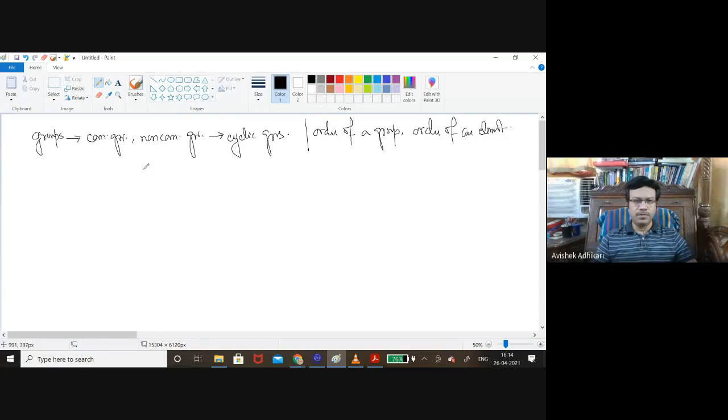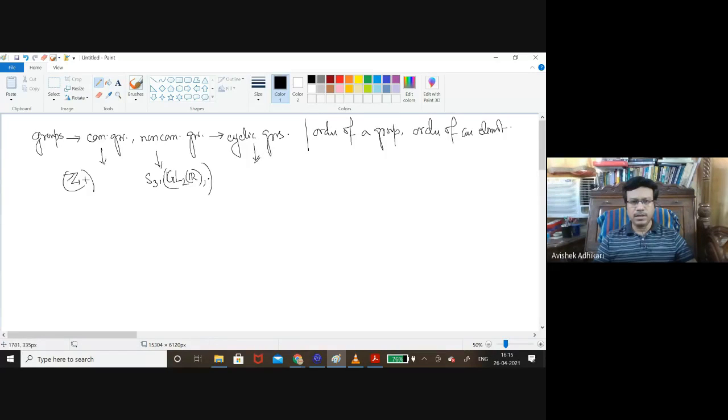We have seen a few examples like Z plus is a group which is a commutative group, whereas S3 is a non-commutative group. Again, for the infinite case, we have already seen GL2 of R with respect to usual multiplication. That's an example of a non-commutative group.